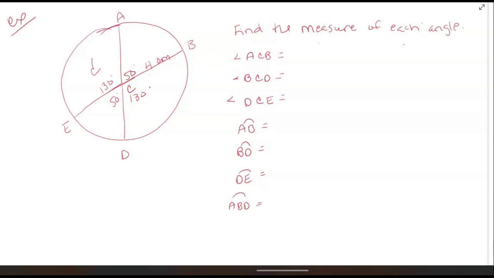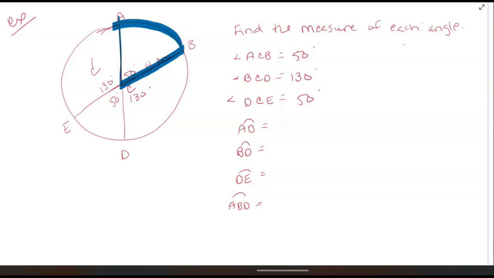So ACB is 50 degrees, BCD is 130, DCE is 50. All right, and then you can find their intercepted arcs. So if you can extend, and then its intercepted arc would be AB.